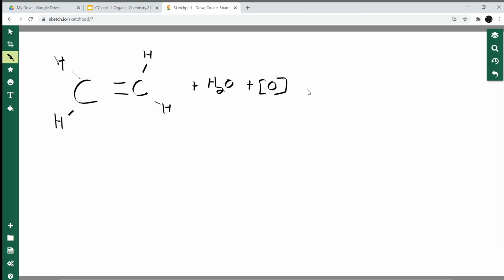So our typical molecule is going to be a C, and it's double bonded to another C. Okay. We're adding H2O to it, and we're adding these free radical oxygens to it.